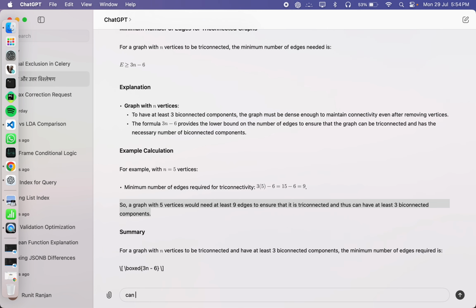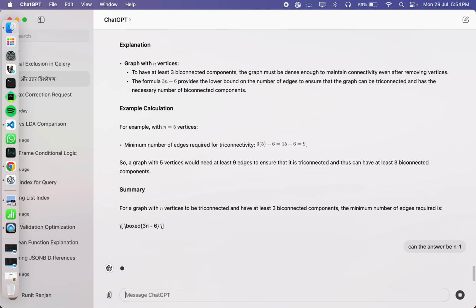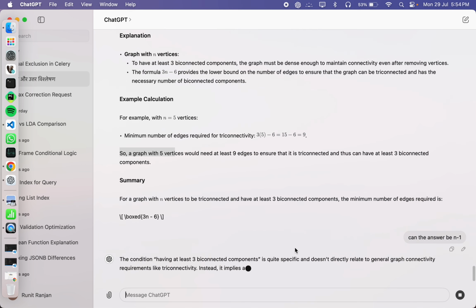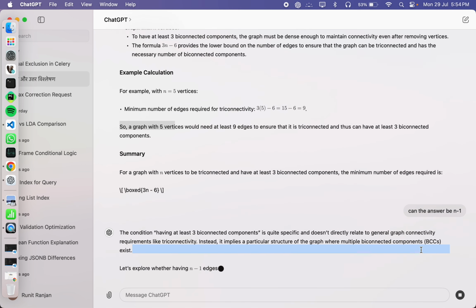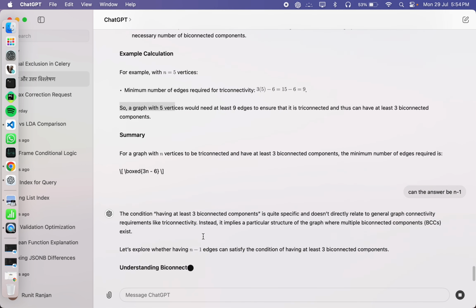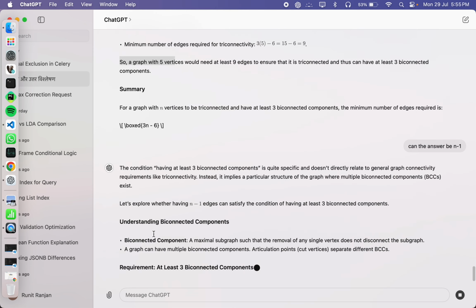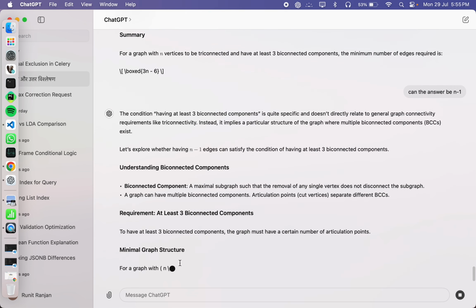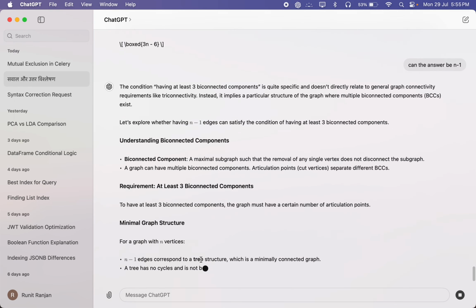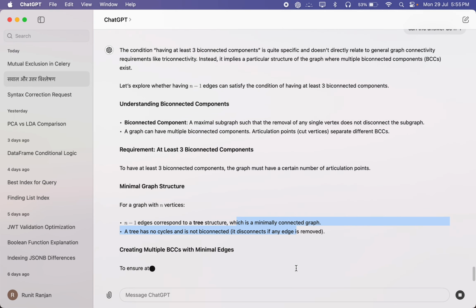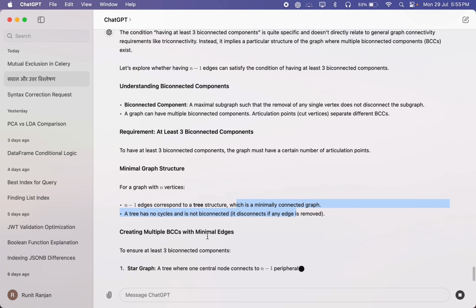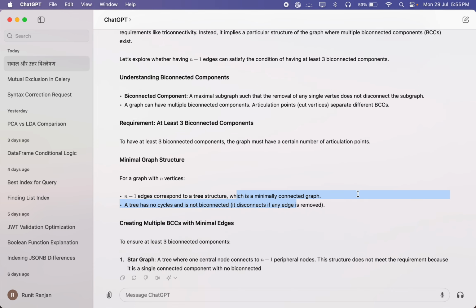Let me just ask, can the answer be n minus 1? I think no, it's just giving me some random answers now.